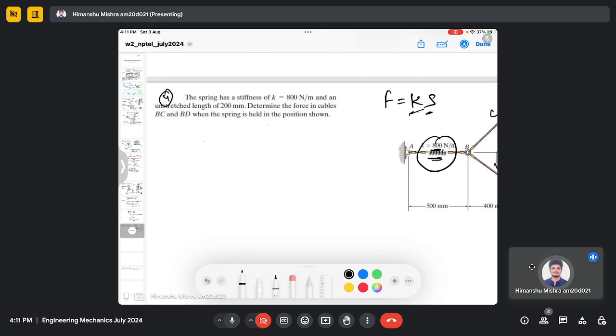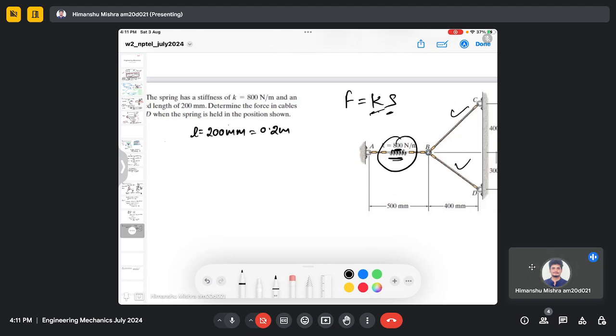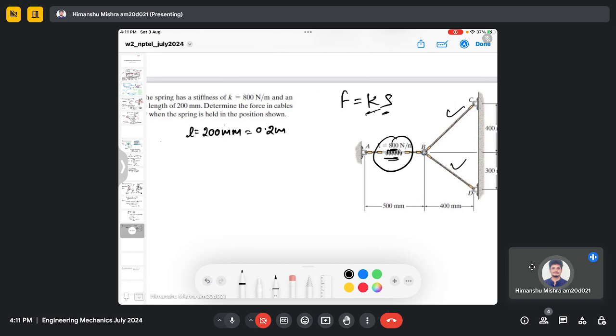Okay, so we can see that the natural length of the spring is 200 millimeter or 0.2 meter, and in the question it is shown that the spring is stretched up to 500 millimeter. So this is the new length, which is 0.5 meter. So you can calculate S, which is 0.5 minus 0.2, which is 0.3 meter.